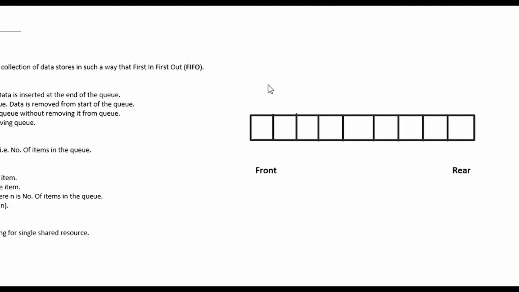If rear is null, that means the queue is empty. So in that case, we simply insert a new node and set it as both front and rear, with the value a.